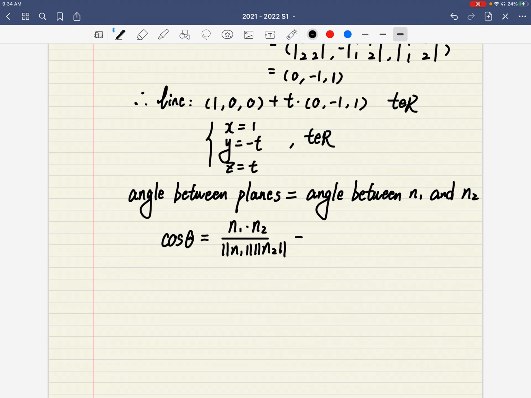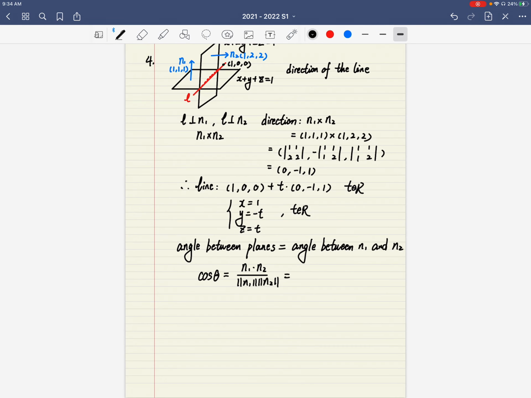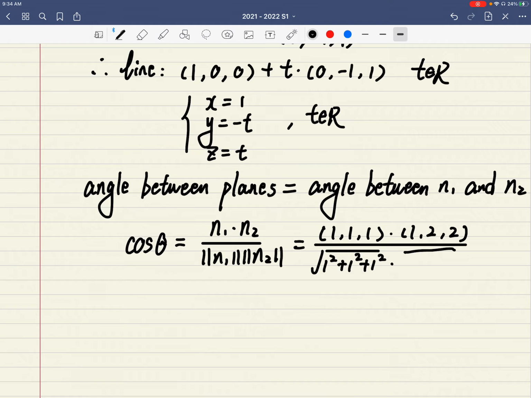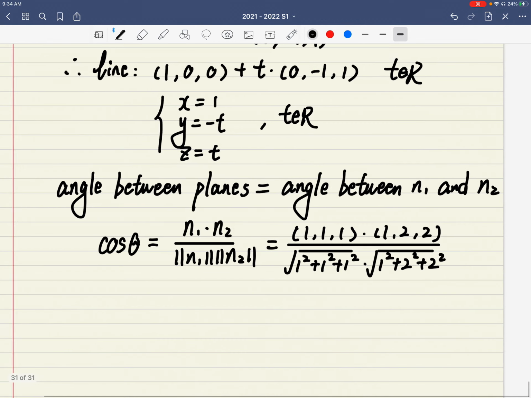So n1, n2 is 1, 1, 1 and 1, 2, 2. It's the dot product of 1, 1, 1 and 1, 2, 2 over the length of n1, which is 1 squared plus 1 squared plus 1 squared, times the length of n2, which is 1 squared plus 2 squared plus 2 squared.